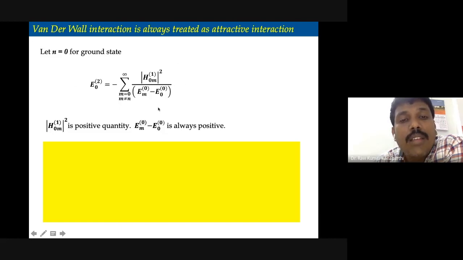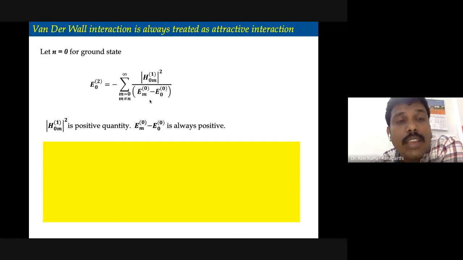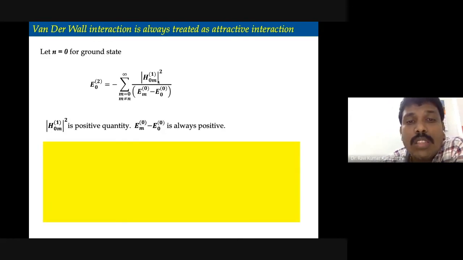Okay, and if you take n is equal to 0, in this expression you can look here that this is a square of some integral, and in the denominator part, n we are taking as the ground state, and the ground state energy is sitting on the right hand side, right?